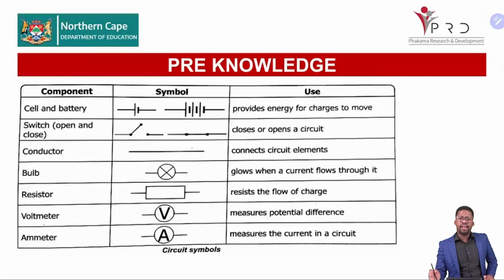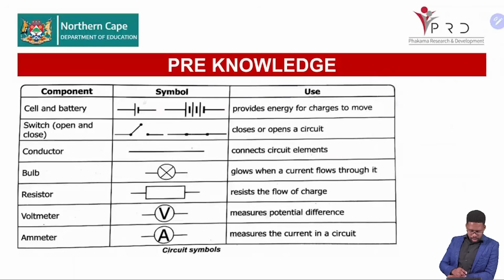Then grade 11, you did EMF and internal resistance. Grade 12, we are revising. We are making sure that now we are polishing our skill in such a manner that we can get maximum marks.